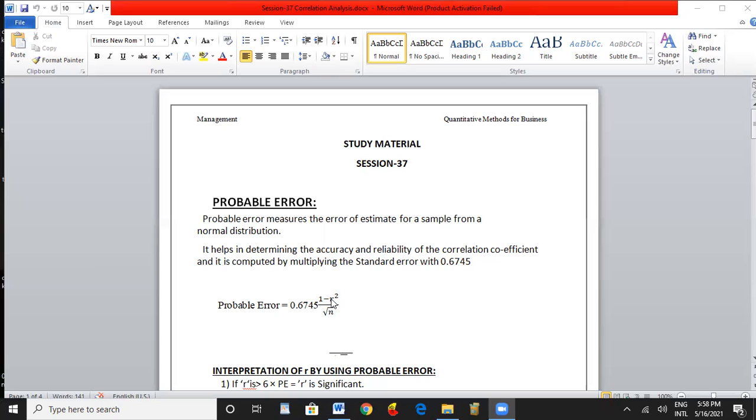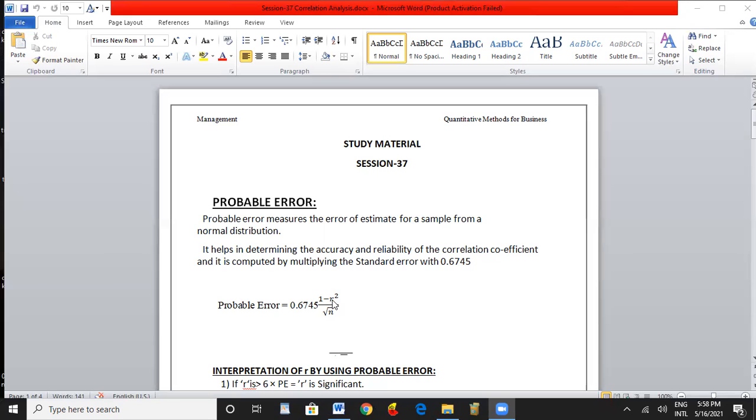R is the correlation coefficient, which can be calculated with the help of the actual mean method or the assumed mean method. Whichever is convenient for us, we can calculate R, and this value we have to insert here, squared.